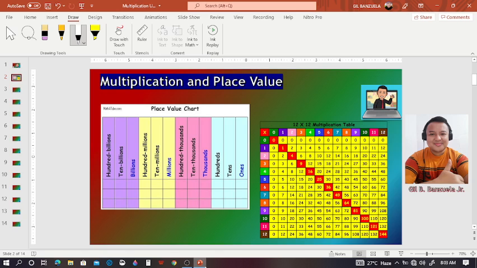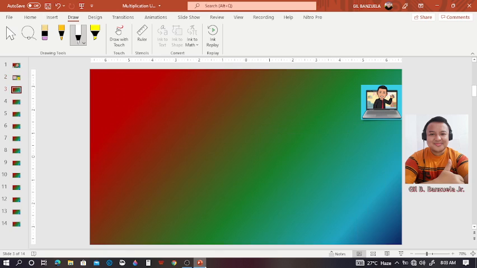Just in case you're working, you can just make a formula. Anyway, this is for educational purposes only. So let's begin with the easy part.